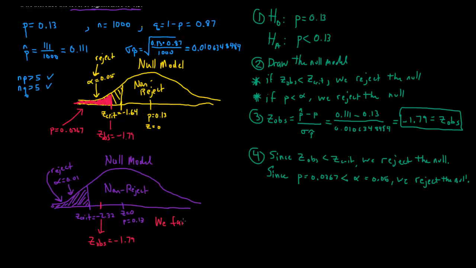We fail to reject the null hypothesis, since in this case z observed is greater than z critical, because our observed value fell in our non-rejection region.